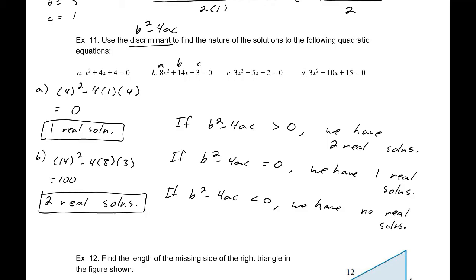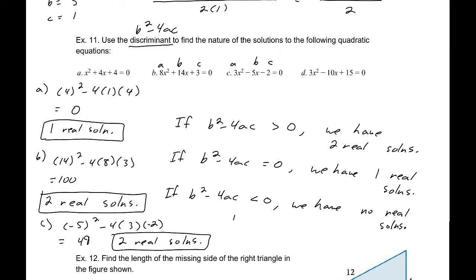All right. Part C. Again, I'm going to go ahead and label A, B, and C. This will be negative 5 squared. That's our B value. Minus 4AC. This is going to be positive. Plus 24. It's going to be 49. So we have two real solutions there.